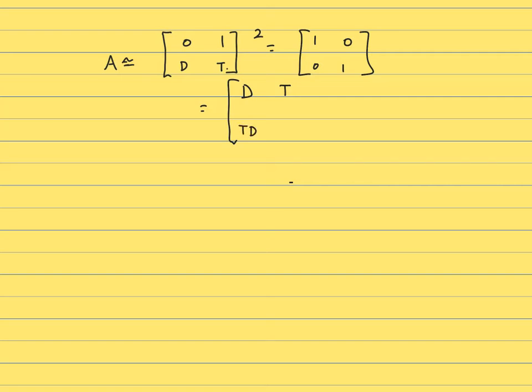In the lower right, you get d plus t squared. And in order for this to be the identity, we see that d must be 1, t must be 0, td must be 0, and d plus t squared must be 1.